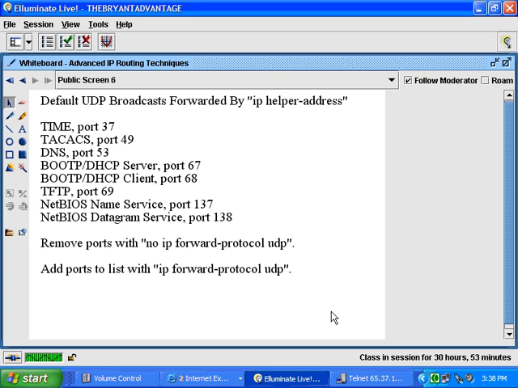That's the command to remove the port, and then right after that you just specify the port number. And if we want to add anything to this list, we simply use ip forward-protocol udp, and that's it.